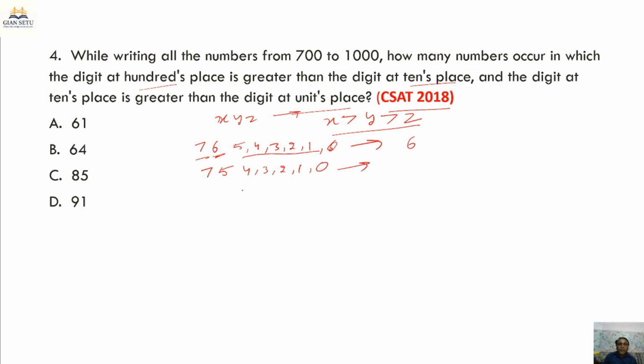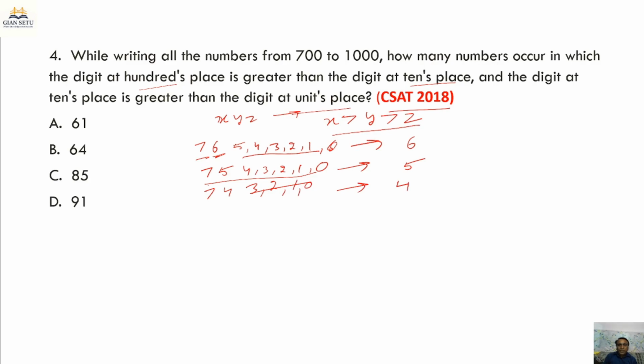There will be 5 such numbers. Similarly, if we have 7, then 4, then at units place we can have 3, 2, 1, 0. So that is 4 numbers.